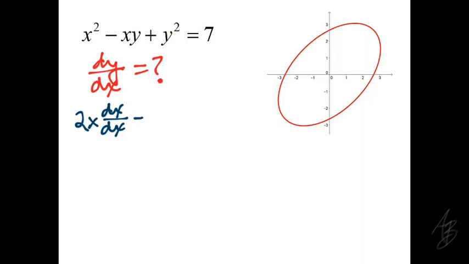The second term, we're going to have to use the product rule since we have the function x times the function y. So we have a function times a function, and that means we're going to have to use the product rule. So to do that, we're going to take the derivative of the first. The derivative of the first would be the derivative of x, which is 1 times dx/dx.